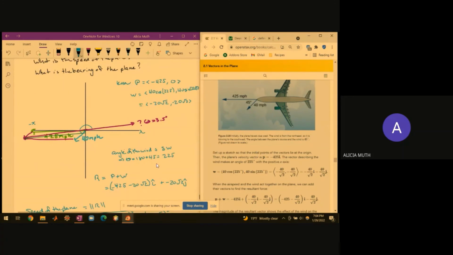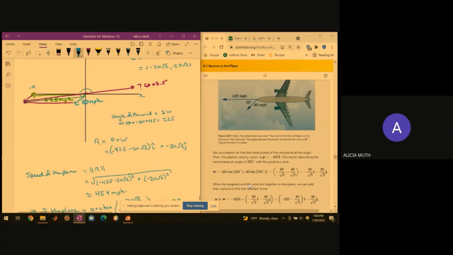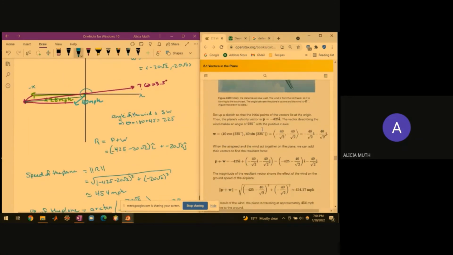All right, so they're starting off the same way that we did, finding that vector. So you notice that I rationalized my 1 over root 2, and I just left the square root of 2 in the denominator. This is a pretty common practice.